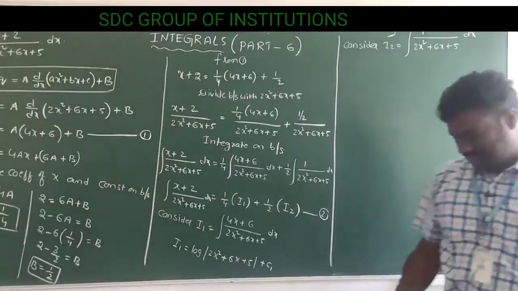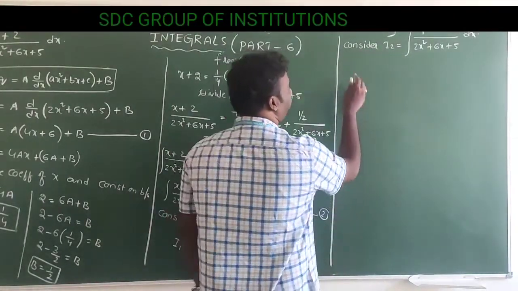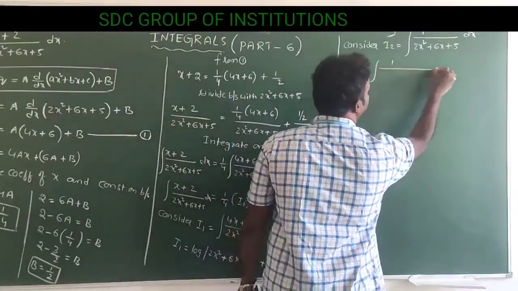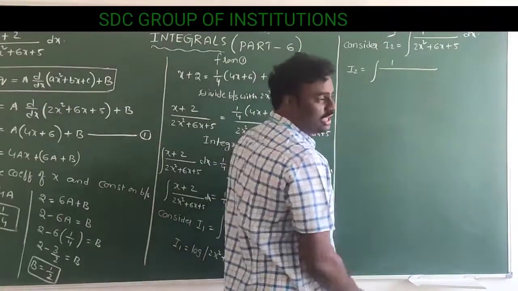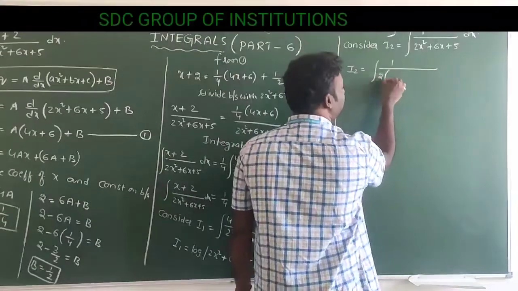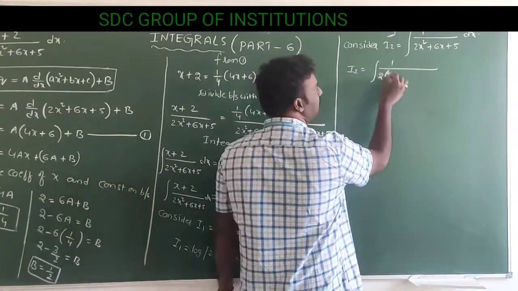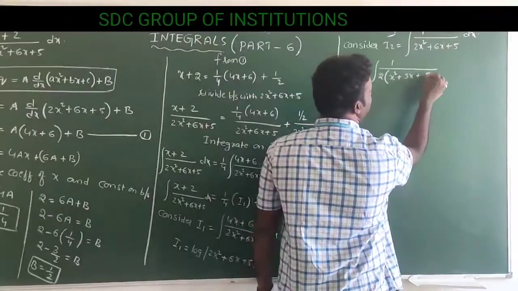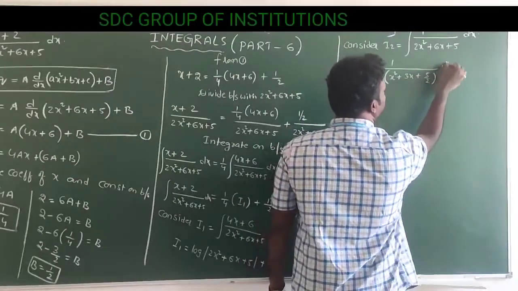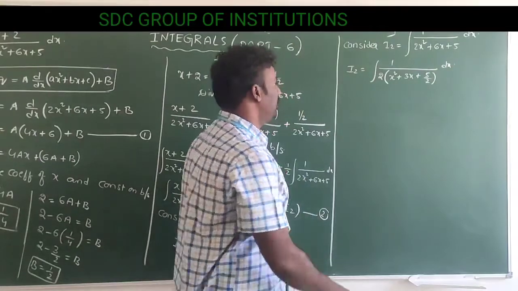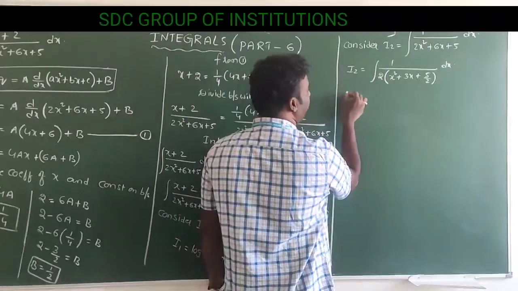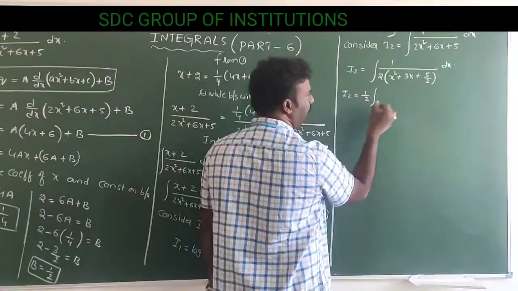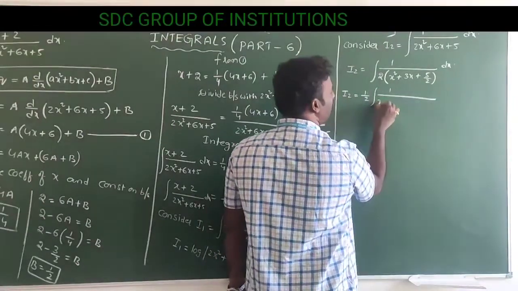Okay. Now, listen. First, I2 = 1/ x² coefficient 2 is there, that's why you take 2 common. Now you will get x² + 3x + 5/2 dx. Here 5/2 is constant, 1/2 of x² + 3x.